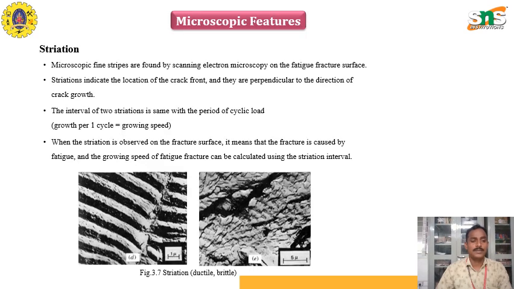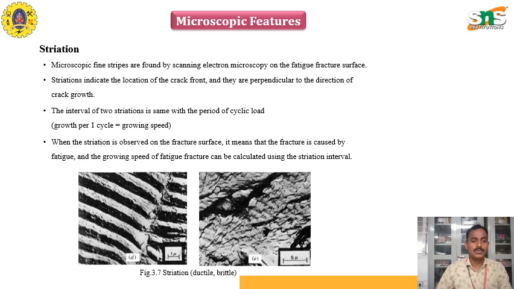Microscopic level: striation. Microscopic fine stripes are found by scanning electron microscopy of the fatigue fracture surface. Striations indicate the location of the crack front and they are perpendicular to the direction of the crack growth.